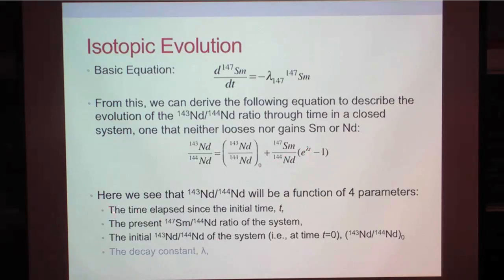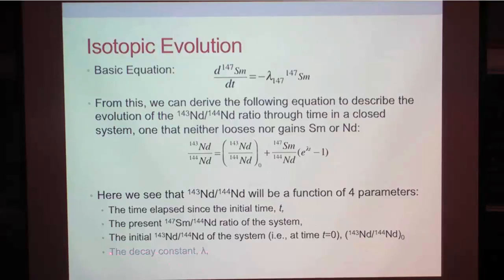Point is, we see that this ratio is going to be a function of just four things. One is the time elapsed since the initial time. This is the present samarium-neodymium ratio that we can measure in the laboratory. Of course, we measure this in the laboratory as well. The other thing we have to know is the initial 143/144 to know the evolution. And that's where uncertainty about initializing the system comes in.